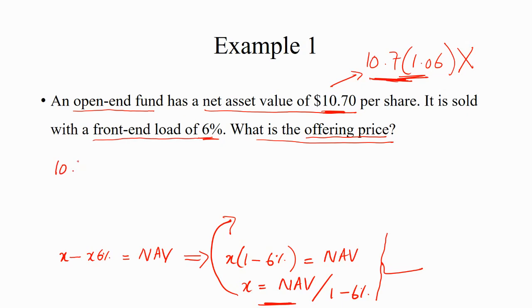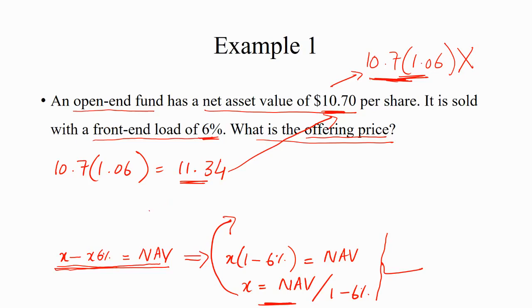If I directly increase my net asset value by 1.06, this will give me 11.34. Now, if this is the offering price, then after the exclusion of 6%, I should get back the net asset value, 10.7. So based on this logic, let's see if we get our NAV back.